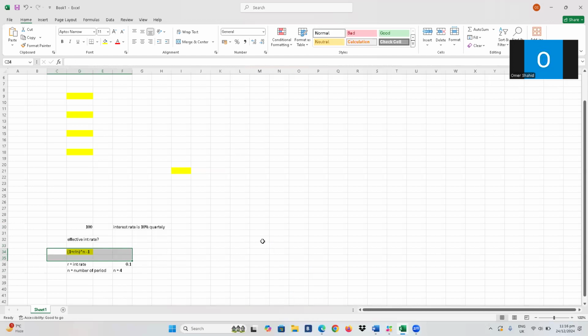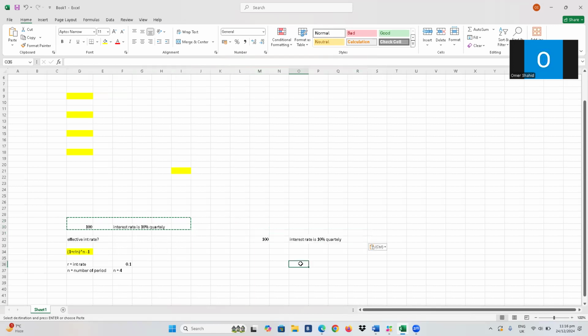But there is one long way as well. Let me show you through an example. As I said, we have $100 and interest is calculated 10% quarterly.